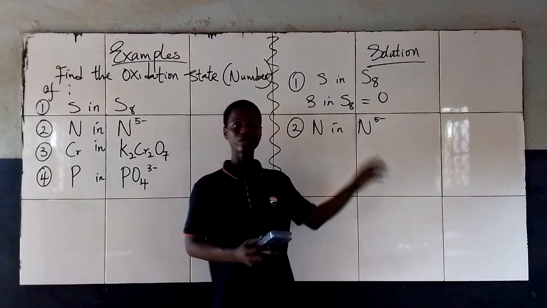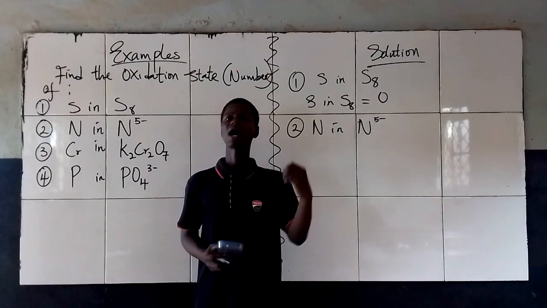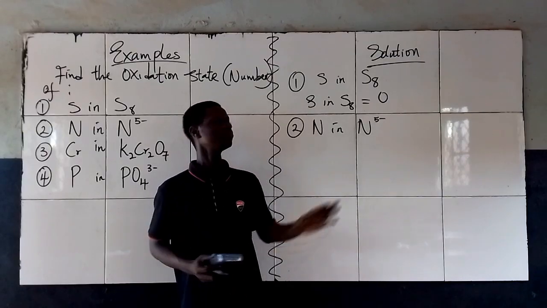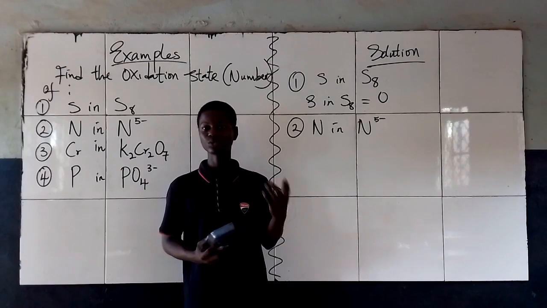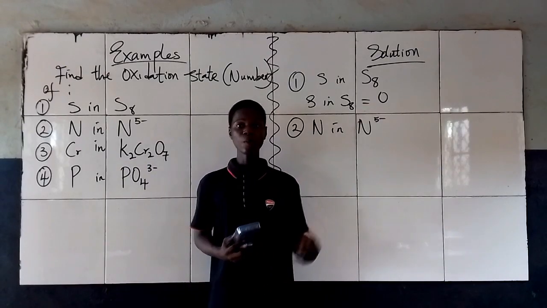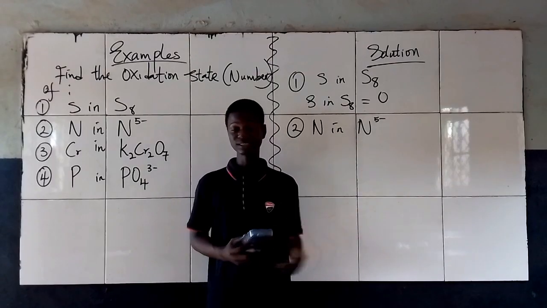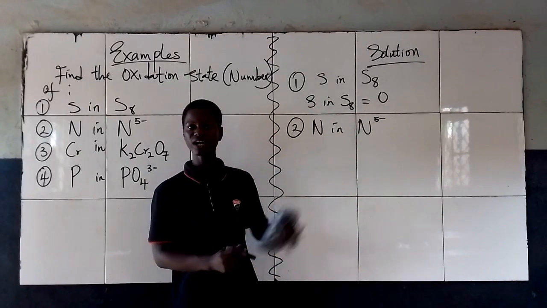Now because this ion is having a single atom, we say it's a monoatomic ion. Now because that is the case, what is the rule under oxidation state when dealing with a monoatomic ion? The answer is that for monoatomic ions such as this, the oxidation state of the element in it is equivalent to the charge.